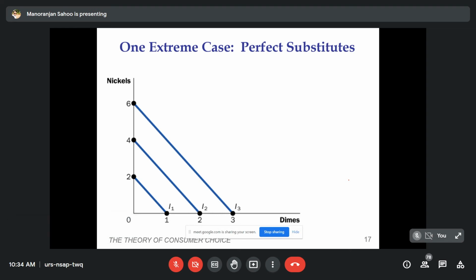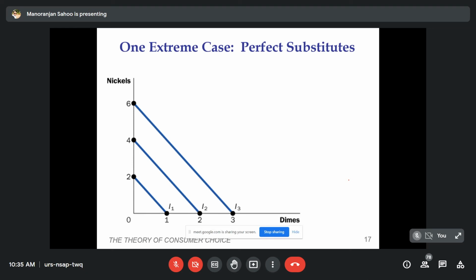If I add 2 cups of tea, I can exactly reduce 2 cups of coffee. The decline in happiness will be exactly matched by the increase in happiness due to having more tea. So in this case, there will be constant substitution.